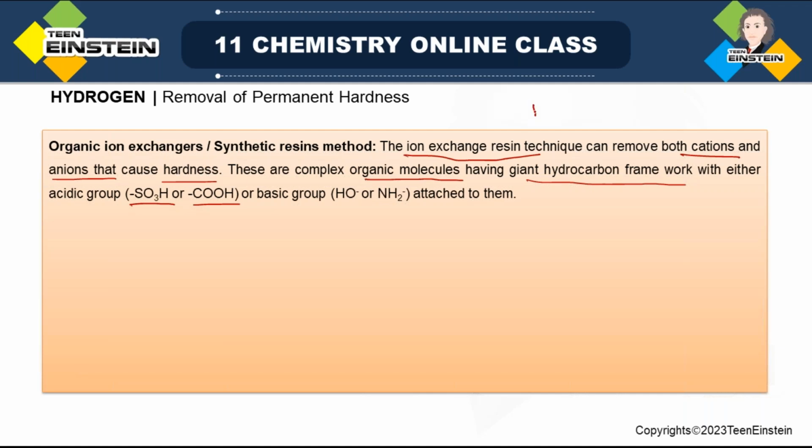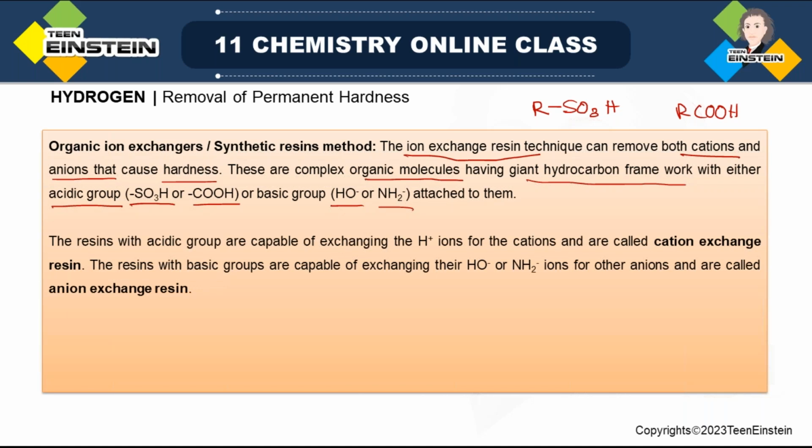The rest of the structure, if I express it with R, should be written like this. So these types of acidic groups are present, and also these types of basic groups, like HO minus and NH2 minus, are attached to them.